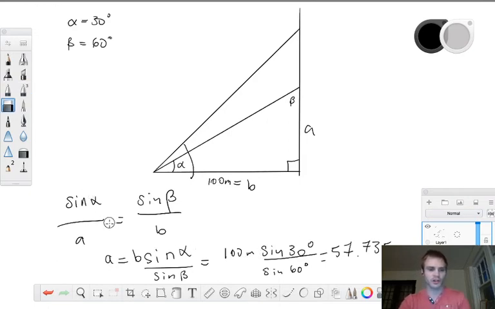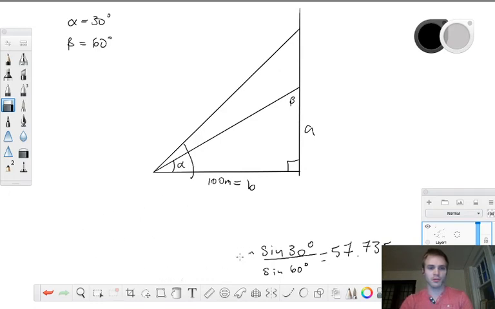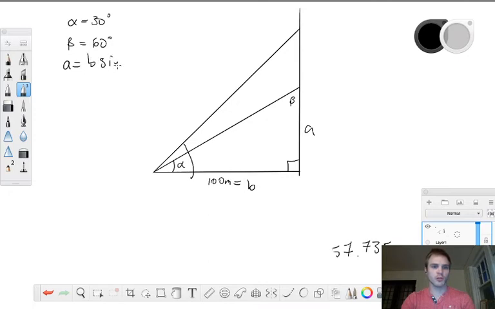Okay, so let's clear all this stuff up down here. So we said A is equal to B sine alpha over sine beta, which equals approximately 57.735.